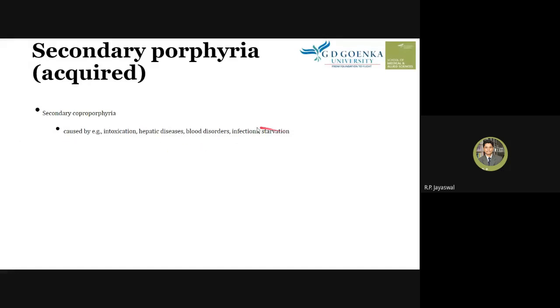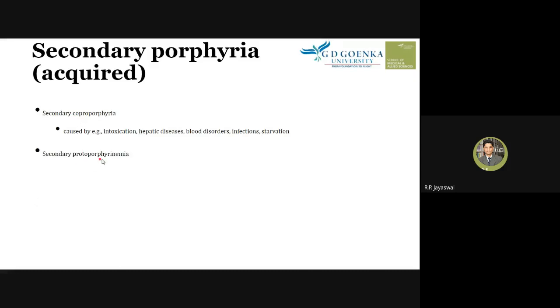So these are different causes that may lead to the development of coproporphyria, and it's not actually a genetic defect. There may be toxins, hepatic disease, blood disorders, infection, or starvation. These may lead to the development of coproporphyria.